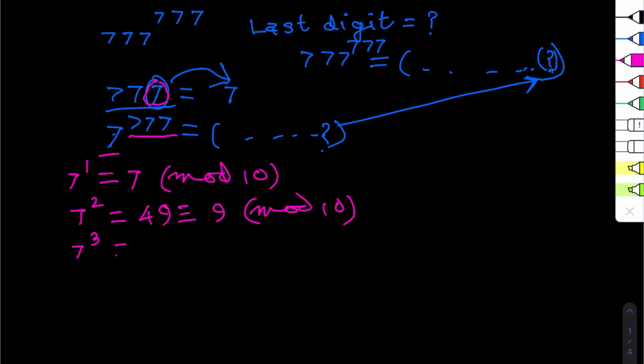so 7 to the power 3 we can write this way, 7 square into 7, that means congruent to, for 7 square we get 9, so 9 into 7, that means 63, which will give the remainder 3.